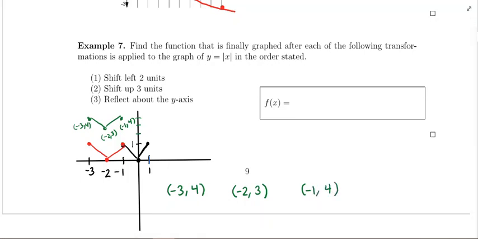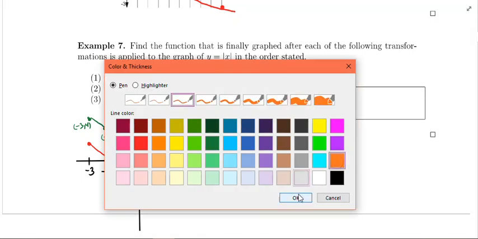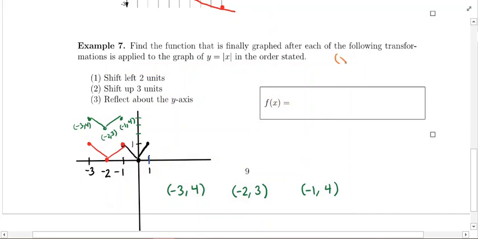If you have y-axis symmetry, you keep the y value the same and change the x coordinate. So negative 3, 4 goes to 3, 4 because we changed the sign of the x value and keep the y value the same. Negative 2, 3 goes to 2, 3. And negative 1, 4 goes to 1, 4. That will be the final positioning of the graph.